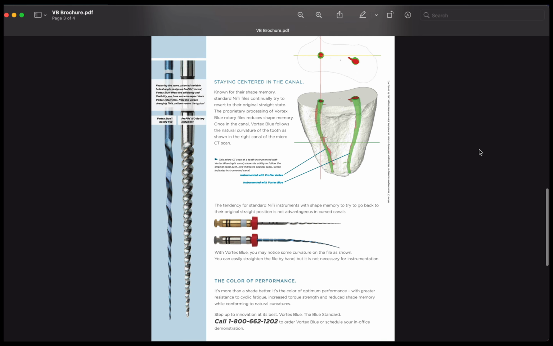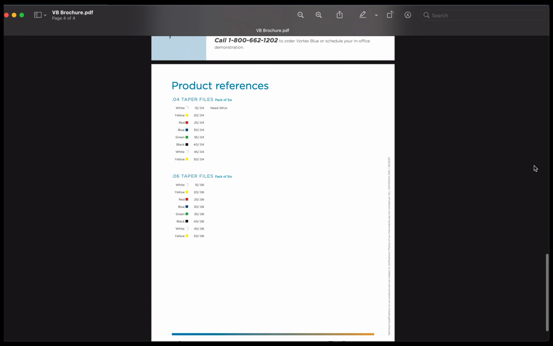They have significant flexibility. The initial ProFile systems is what this was meant to replace. Their proprietary method of heat treating these files, for some reason, turns these files a blue color, which is why they're called Vortex Blue. But they're a universal system, which means that you have much more options as to what kind of cases you can comfortably treat, in my opinion, with these files, because you have two different taper options.